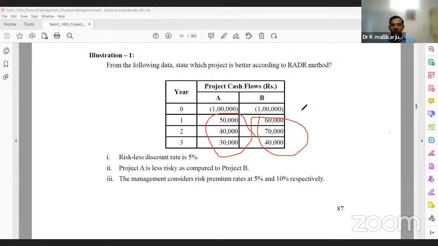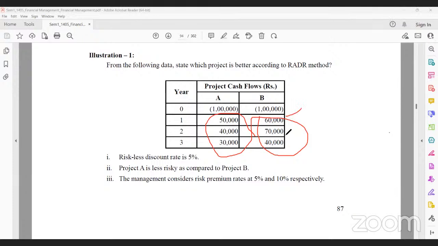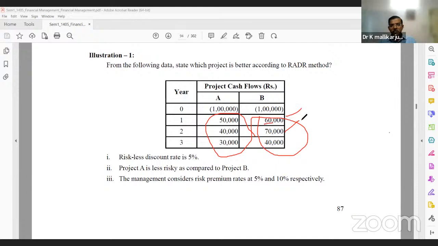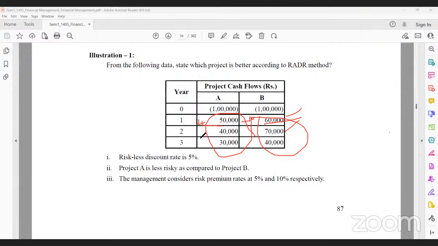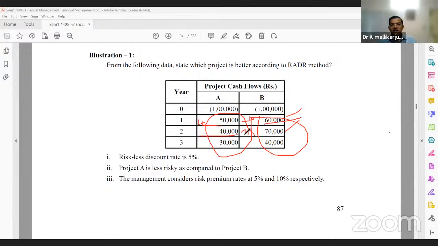These cash flows are 60,000, 70,000, 50,000, here 1.3 lakhs, right? In the first year, the firm receives 60,000 in one project and 40,000 in the other, so there is a 10,000 difference. In the second year, the difference is 30,000.